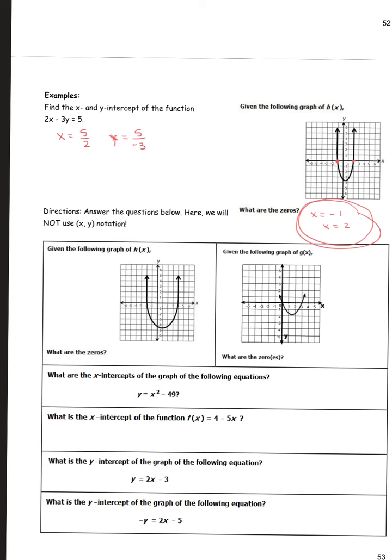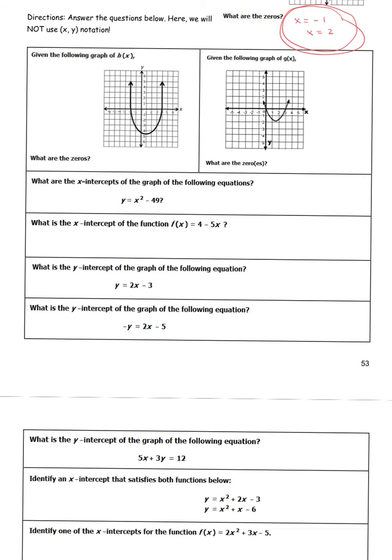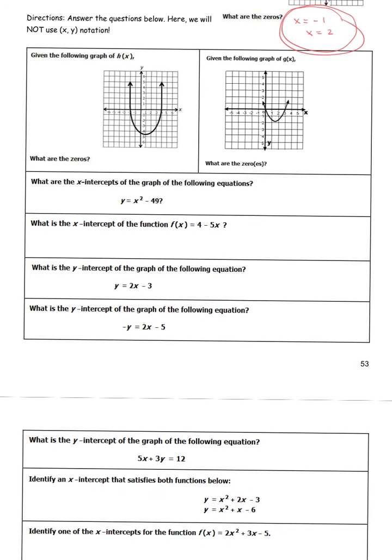All right, now we're just going to take a look at some more examples. So again, given the graph, what are the zeros? Again, you're looking right at your x-intercept. So we have an x-intercept at -2 and an x-intercept at 4. So our zeros are x equals -2 and x equals 4.